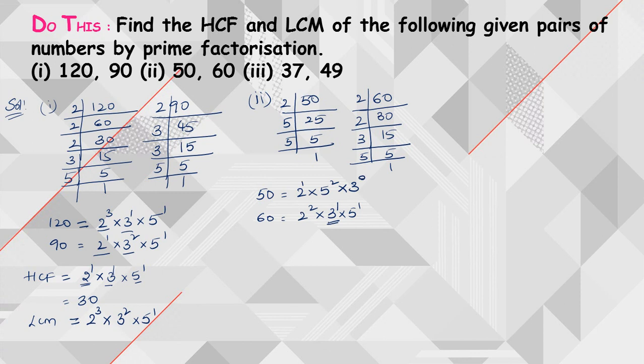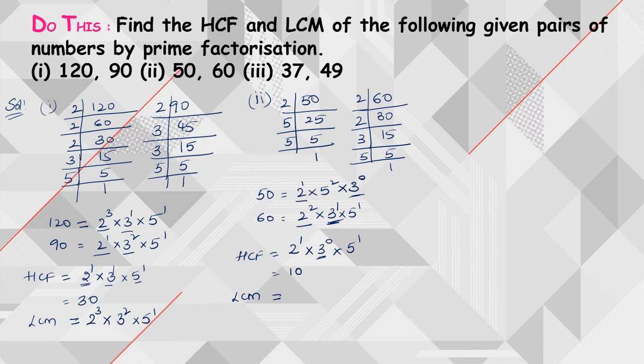Okay, now writing down the HCF. To write down the HCF, what should I consider? I need to consider the least powers. So 2 power 1 into, next about 3, 3 power 0 into 5 power 1. Now 3 power 0 is 1, so 2 into 5, it is nothing but 10. So HCF is 10. Next, moving on to LCM.